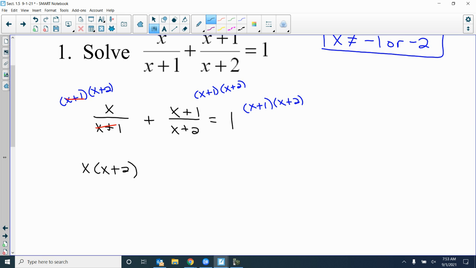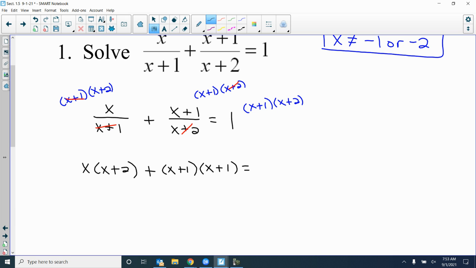So in the second case, Colton, what's going to happen? The x plus 2 is going to cancel. The x plus 2s are going to cancel. Good. And I'm going to be left with x plus 1 times x plus 1. Nothing cancels in the last one, but it's just a 1 there.